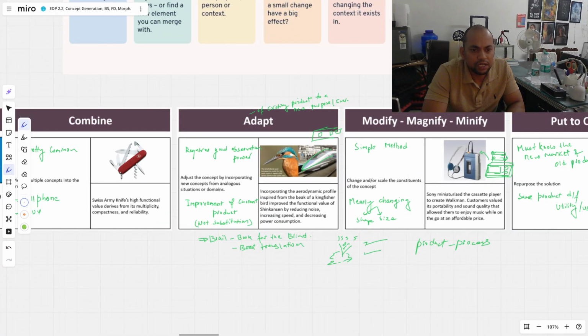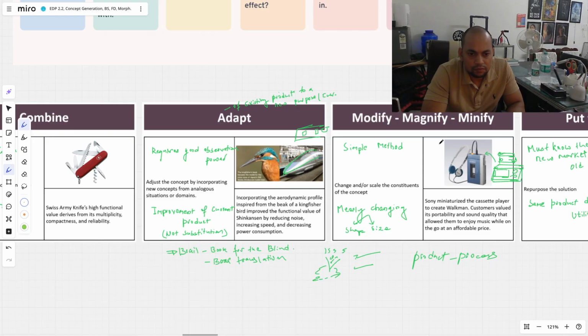Remember that multiple aspects of Scamper can be used, different ways of thinking. In fact, the more the better. You can design a new product by combining some features from an existing product, by using the combine feature, and also by using the minifying feature, make it more compact and more functional.